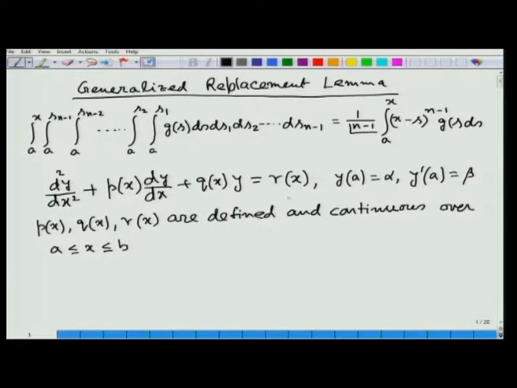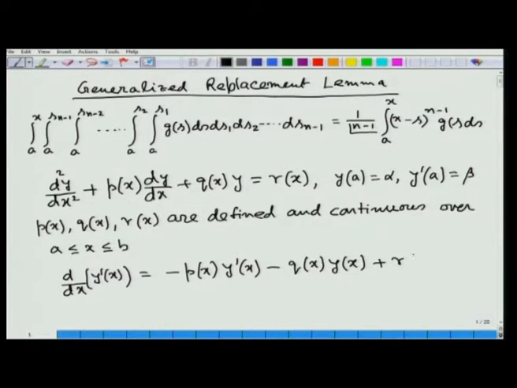So, first of all, we can rewrite the given ordinary differential equation in the form d/dx of y dot (x) equal to minus p(x) y dash (x) minus q(x) y(x) plus r(x). As per the given conditions on p, q, r, this right hand side is an integrable function.